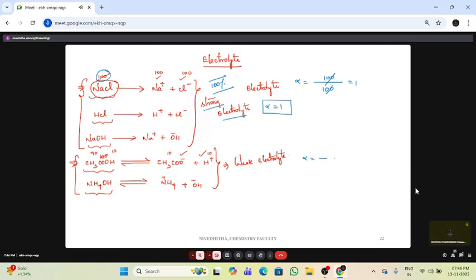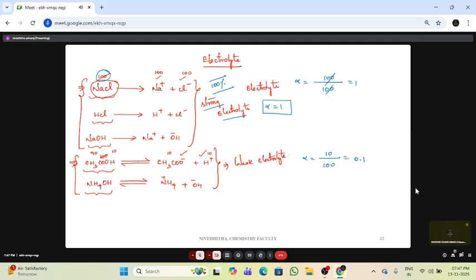Alpha is equal to total molecules of acetic acid taken was 100, in which how many acetic acid molecules were dissociated? 10. Very good. So 10 by 100, which is 0.1. So in this example, for acetic acid, I've given you hypothetical values, and using these we got alpha equal to 0.1.